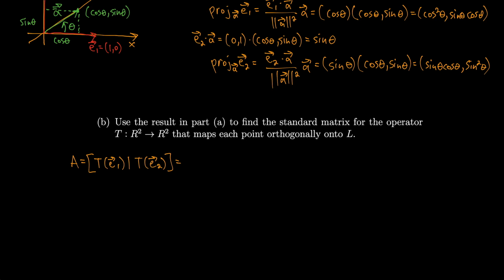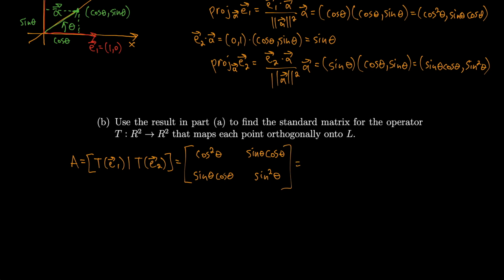If we take T of e1, we already saw that that's (cosine squared, sine cosine). So we get cosine squared, sine cosine. That's our first column. Our second column is T of e2. So that's sine theta cosine theta, sine squared.